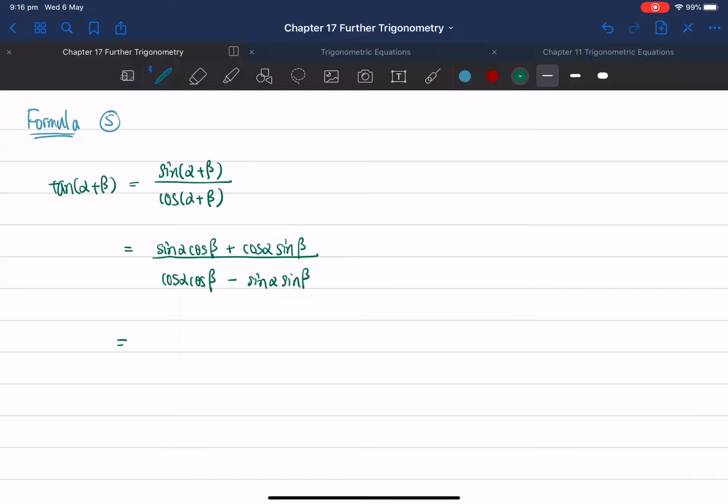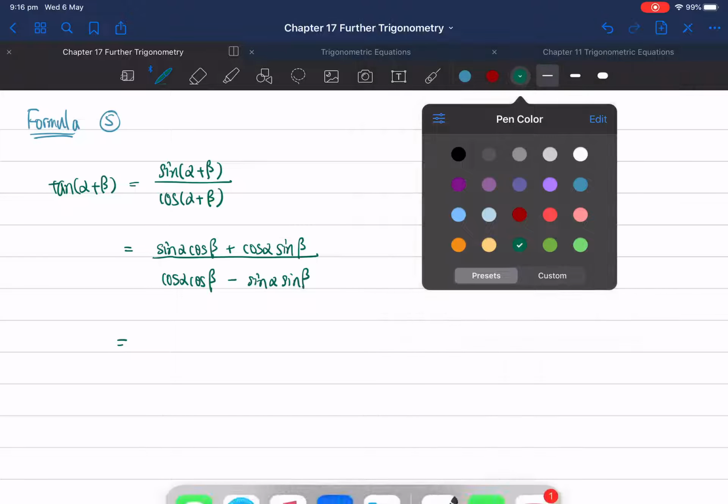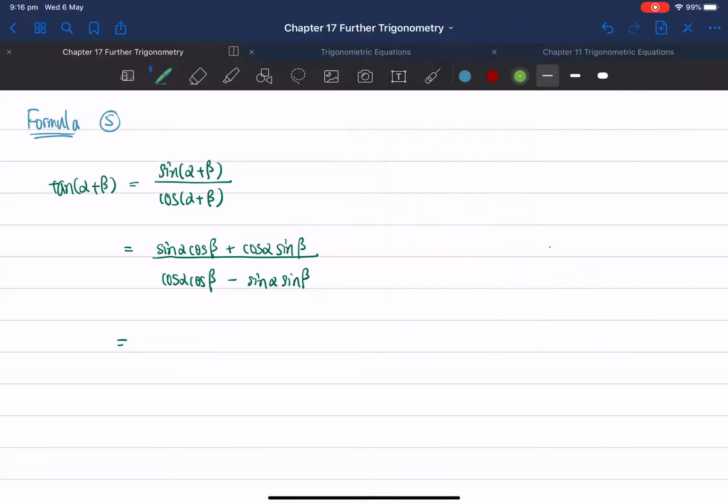Once we get to this point, what we are going to do is really important. I am going to divide top and bottom by cosine alpha and cosine beta. We're going to divide every single term by this.